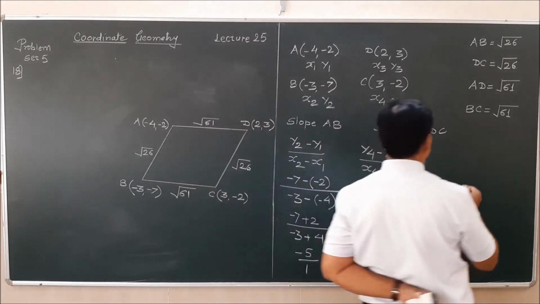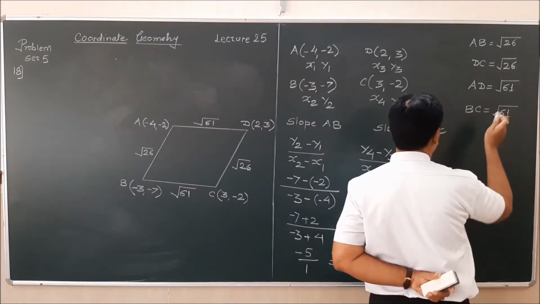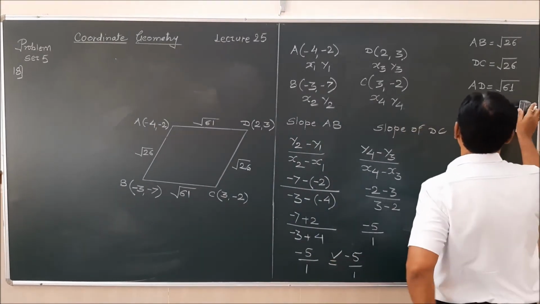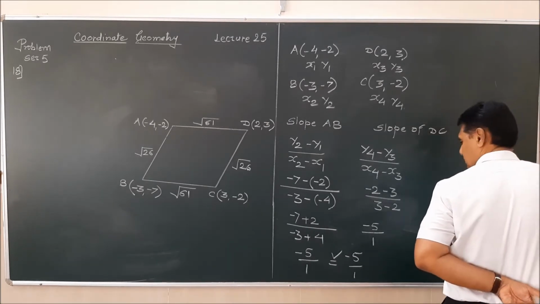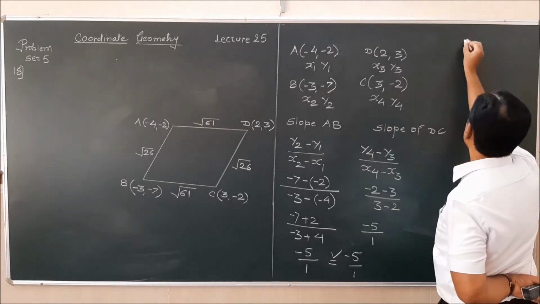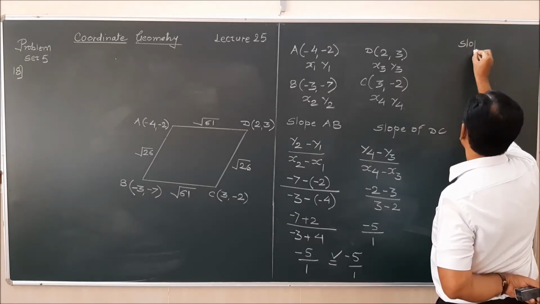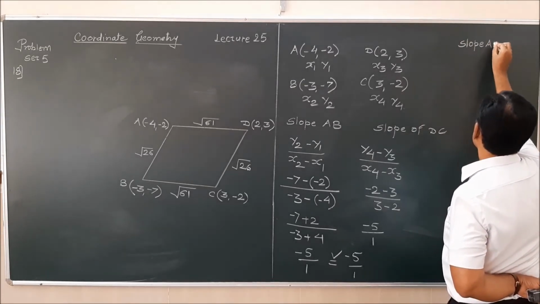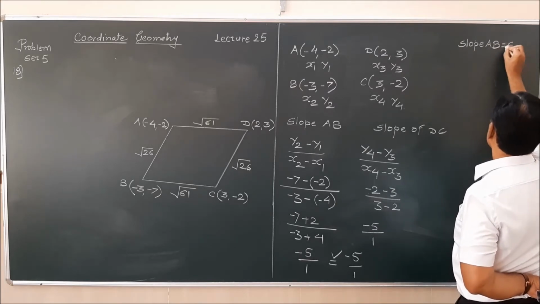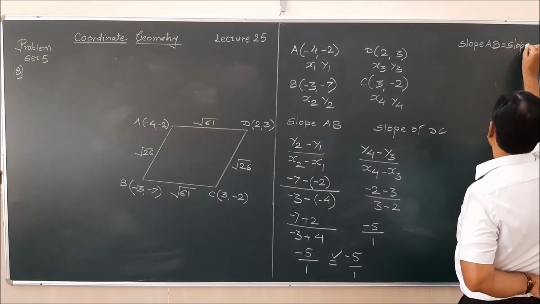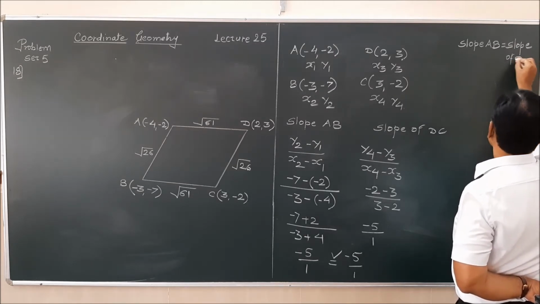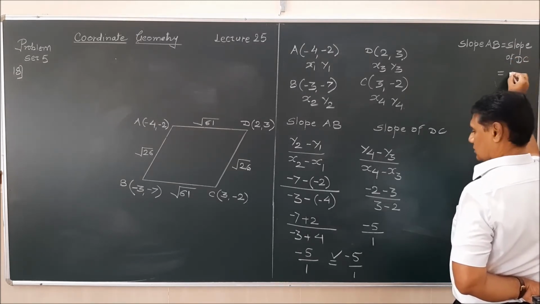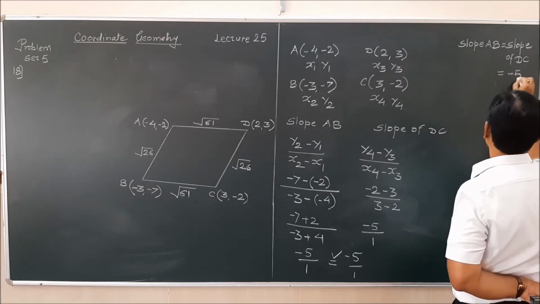So I write here, since I finished this, there is no use of this now. Now next one is slope of AB is equal to slope of DC, and that is equal to minus 5.